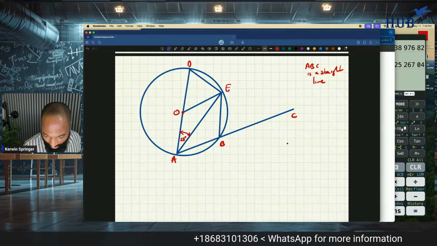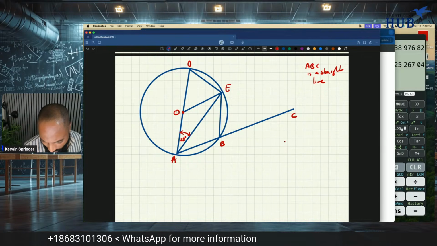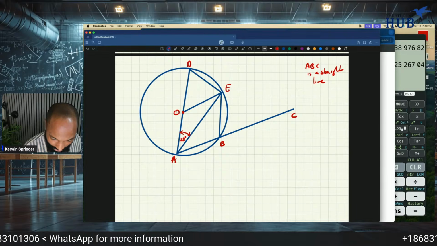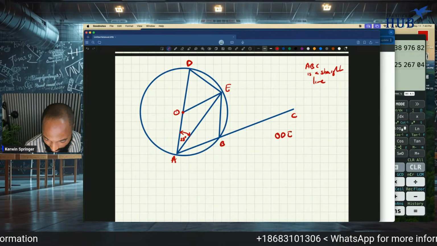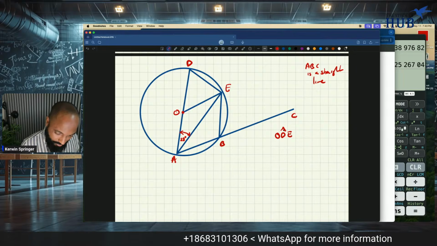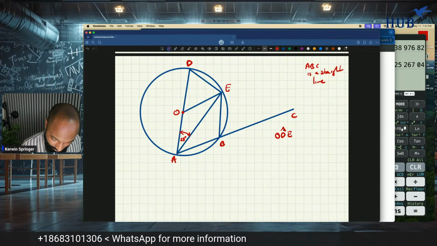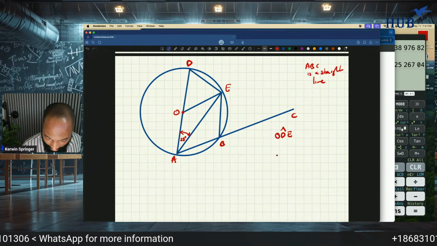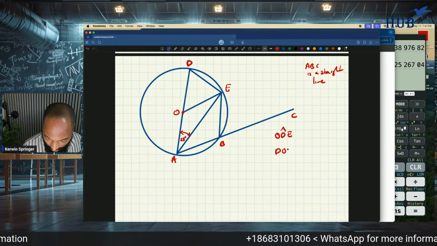And I want to find the value of a lot of angles. This is D, right? I want the value of ODE. I want the value of angle DOE.